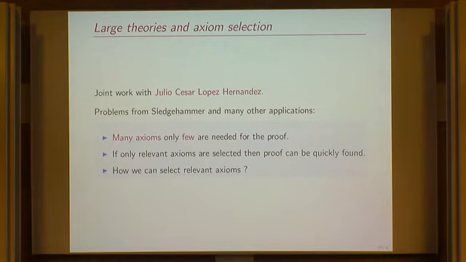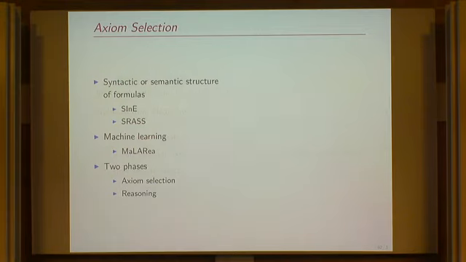The problem is that most problems coming from Sledgehammer and other applications have very many axioms, and very few of these axioms are actually used in the proof. If you submit these axiomatizations, usually the theorem prover just dies. But if you submit the relevant axioms, the proof can be found quickly. So the problem is how we can select these relevant axioms.